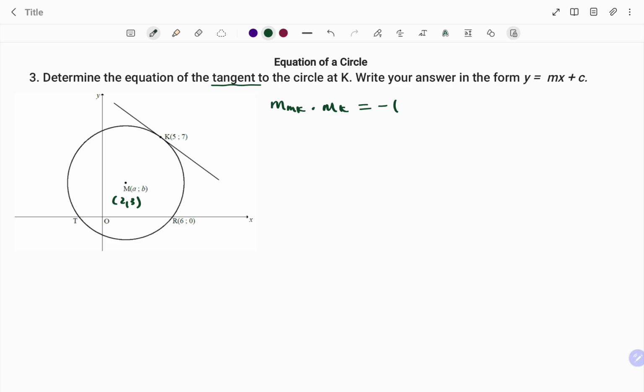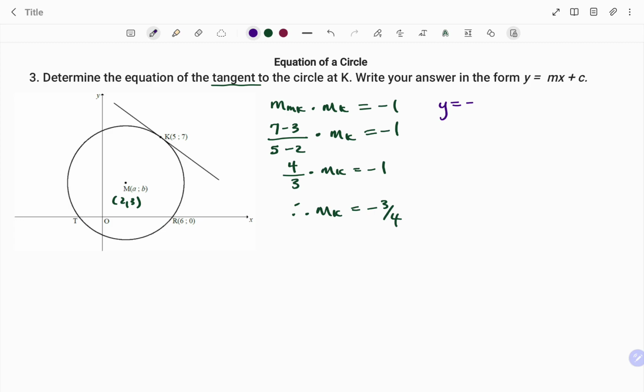So gradient of line MK, that's change in y over change in x, will give us 7 minus 3 over 5 minus 2, that's 4 over 3. Multiplying by the gradient of the tangent equals negative 1. So therefore, the gradient of the line that has K as a point will be equal to negative 3 over 4.